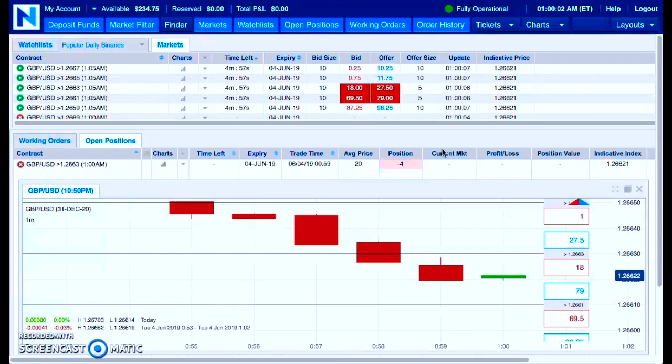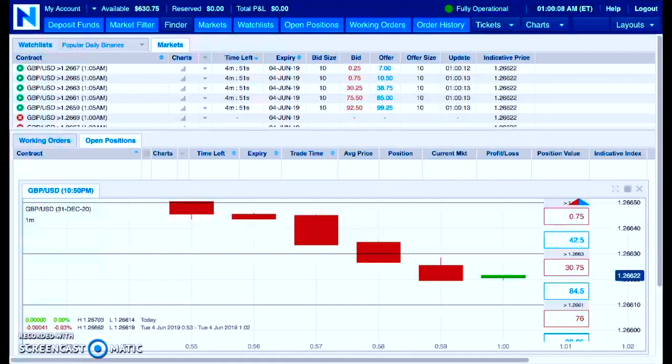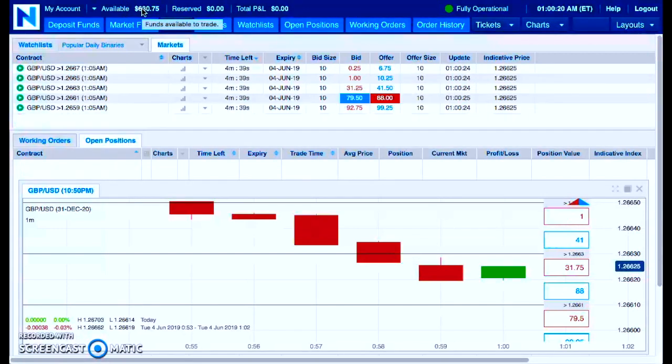Winner, winner. And you know the rest. Updated balance: 630.75. This trade represents trade number 15. Yeah, trade number 15.